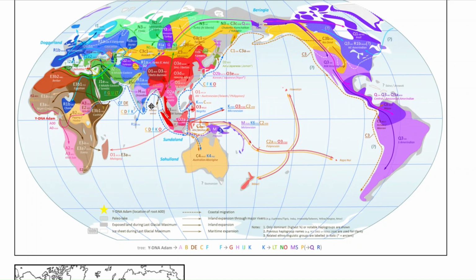Since this is about natives, you don't see R here because this is the dominant haplogroup actually amongst Native Americans.